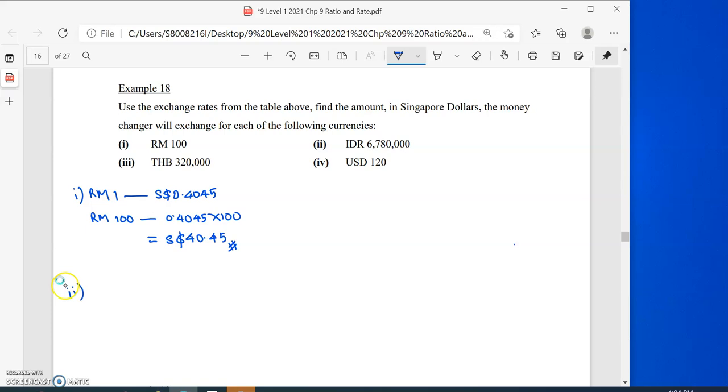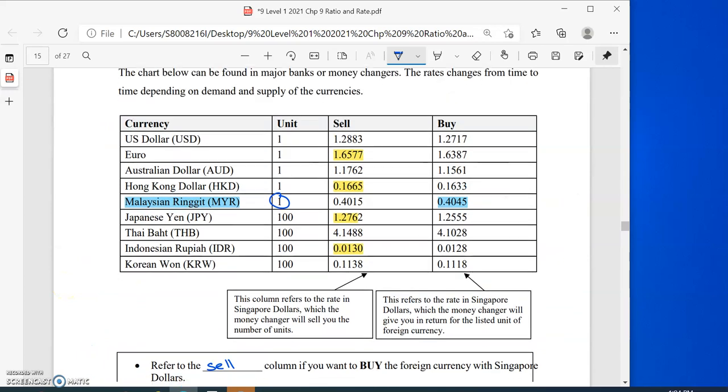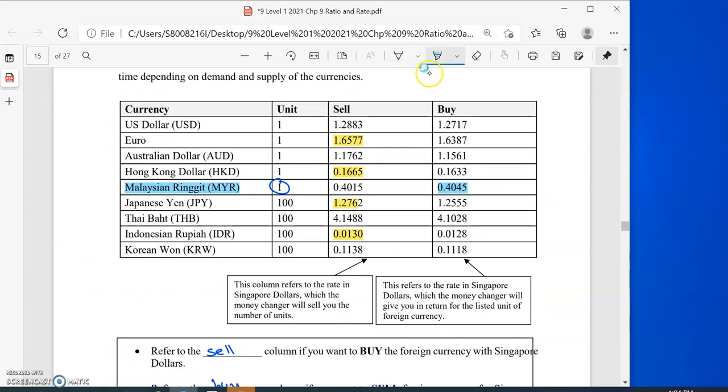In part 2, we have Indonesia rupiah. All right, let's check out the rate for Indonesia rupiah in the earlier page as well. This time round, you carry your Indonesia rupiah, you reach the money exchanger and you tell him, hey, money exchanger, may I sell you Indonesia rupiah?